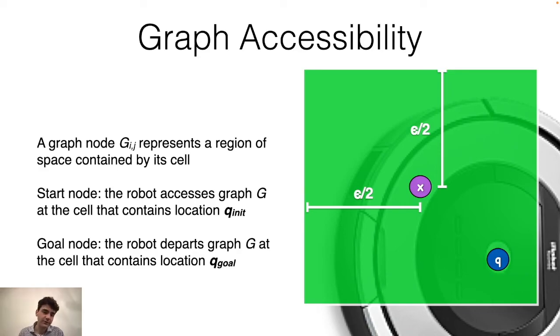Another way of saying that is that each graph node represents any of the continuous poses that are most closely positioned to the center of the graph node. In this particular case, X would be the center of this cell, and the configuration Q would still be represented by the graph node at center point X, because Q is within this bounding box region that's represented by the graph node X.